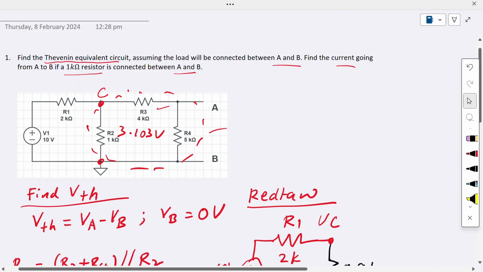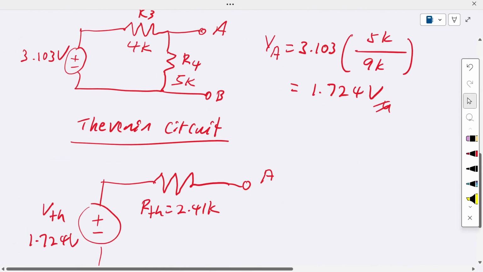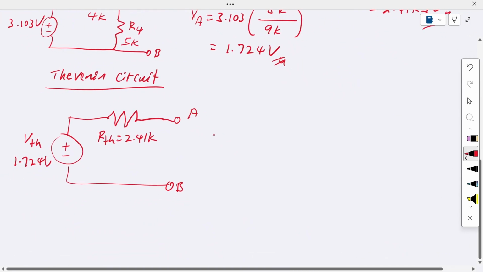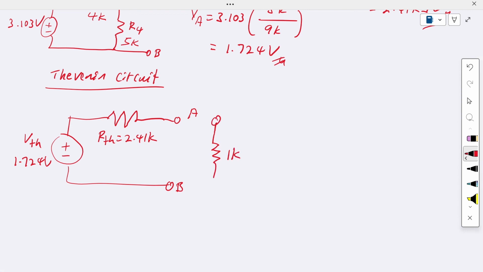Now we see the questions. The next question is to find the current if we have a 1K resistor connected between A and B. So in between A and B, we have a resistor here. This is 1K. So this 1K we're going to connect between A and B. Then we're going to find the current.